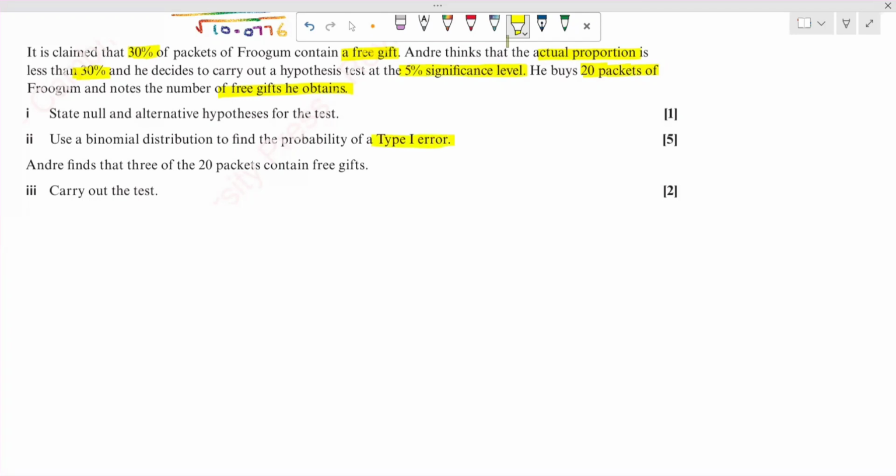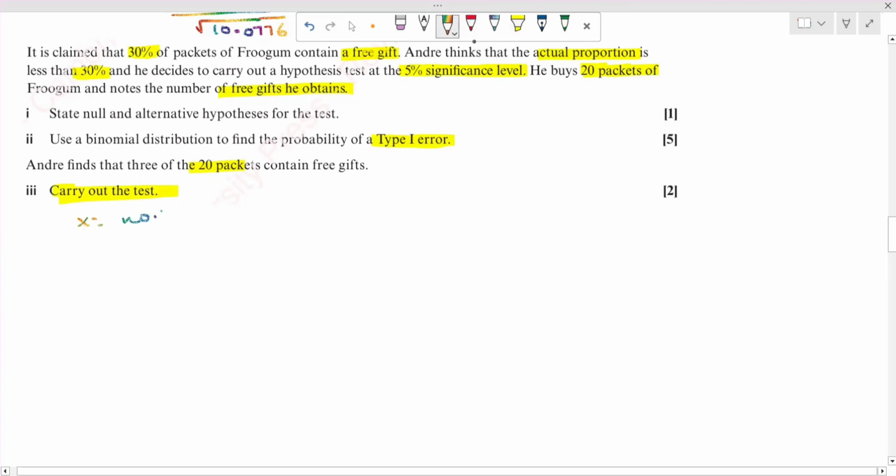Type 1 error means a true statement is rejected, H0 is true but rejected. And Andrew finds that 2 of the 20 packets contain a free gift. Carry out the test. So first of all, let the random variable be the number of free gifts. The p value here, 30% is given, so p is 0.3 and q will be 0.7, because we need to use the binomial distribution.